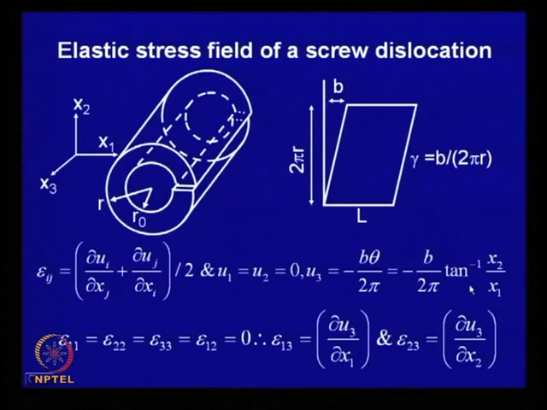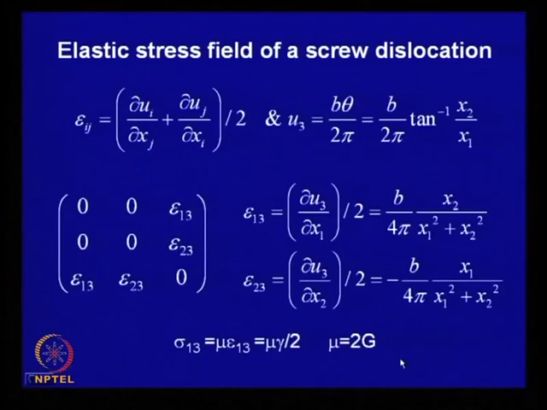A better way of doing it is a more rigorous analysis. You have written this expression. Now, by differentiating this, you can get the two shear strain components epsilon 1 3 and epsilon 2 3, which are shown over here.